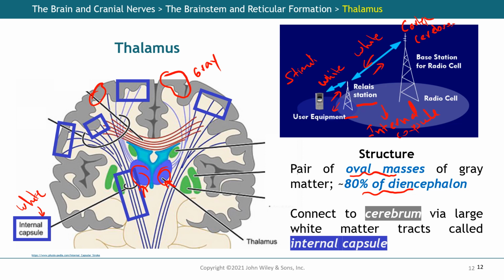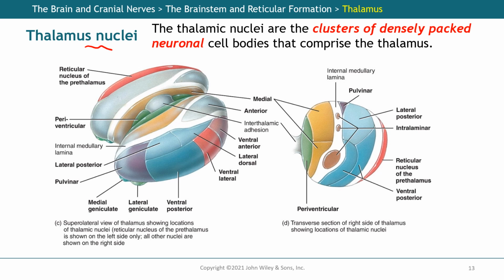Okay, hopefully this is clear and this helps you to understand much better how all this central nervous system works. Now we're going to talk about all these nuclei that we have in the thalamus. And remember, in the thalamus, we have this cluster of densely packed neuronal cell bodies. And here in your textbook, they show you some of those nuclei.